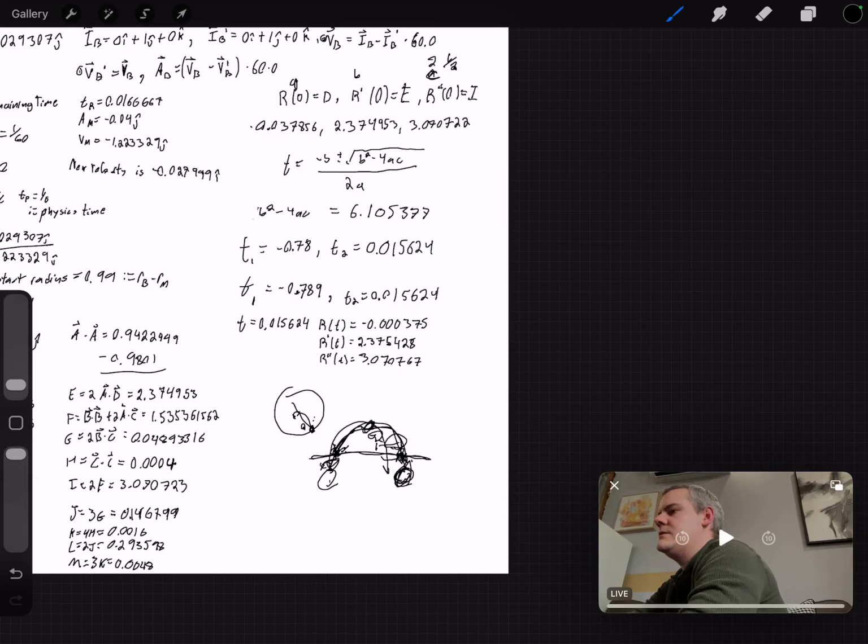If T1 is negative, then T2. I think that's literally all it is. I think it's that simple. It's that simple.